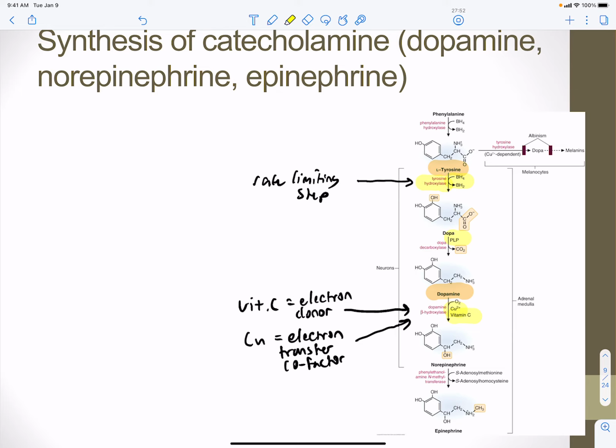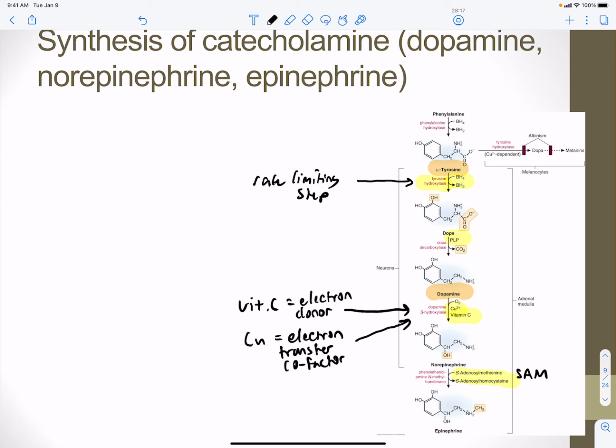So next up is SAM. So we have a lot of vitamins involved in all of this. We have our PLP, vitamin B6. We have our vitamin C. We have our vitamin B12 and folate to generate SAM.